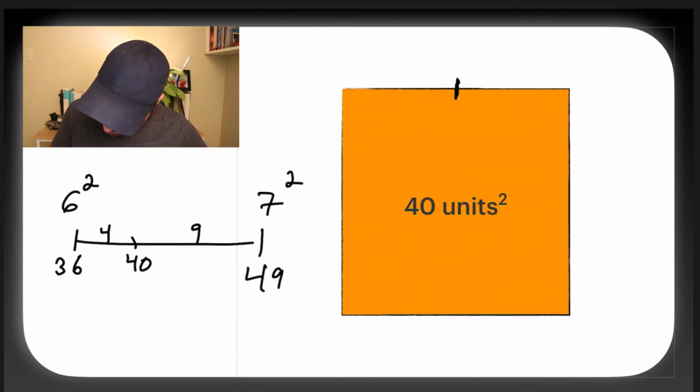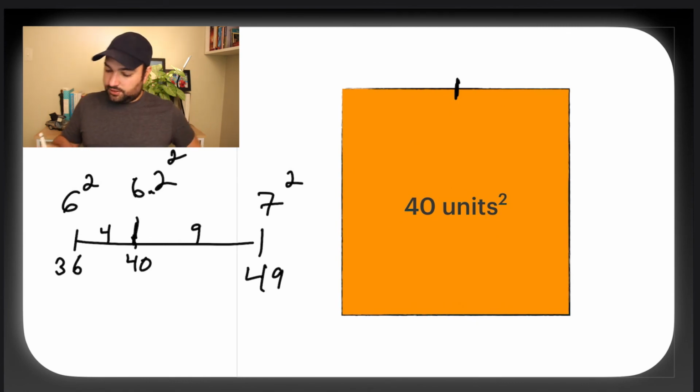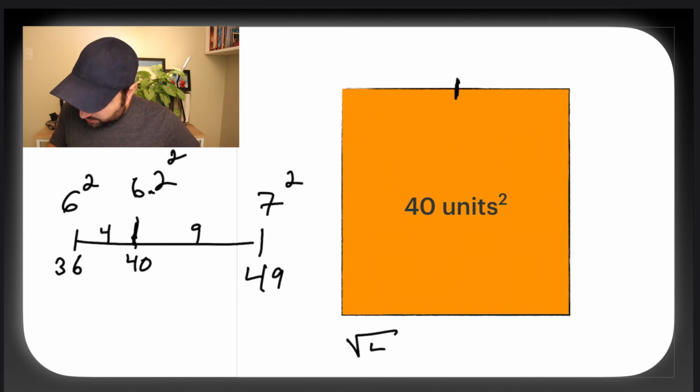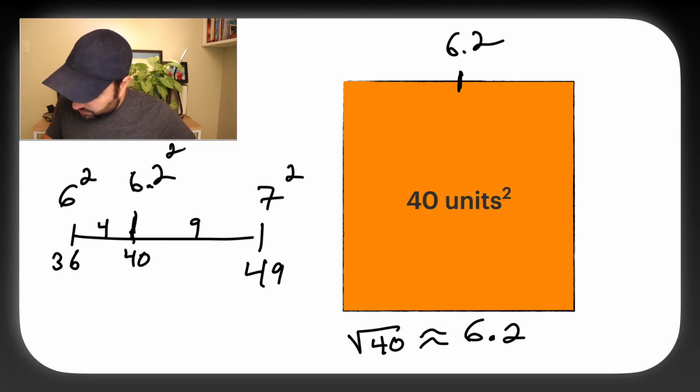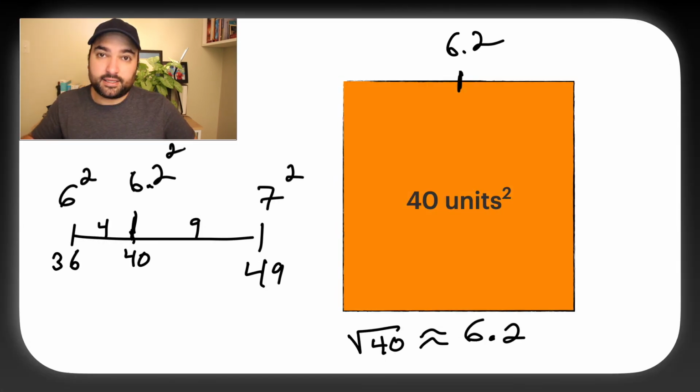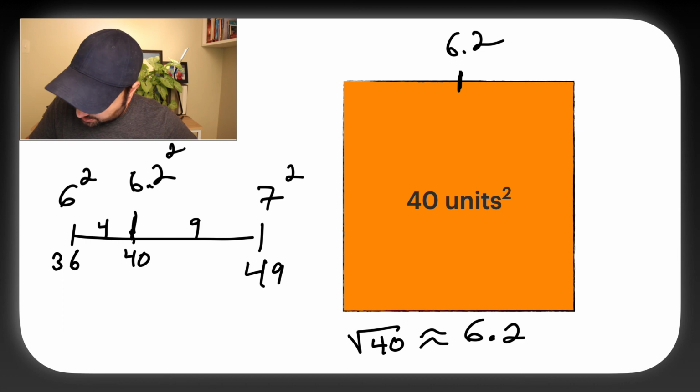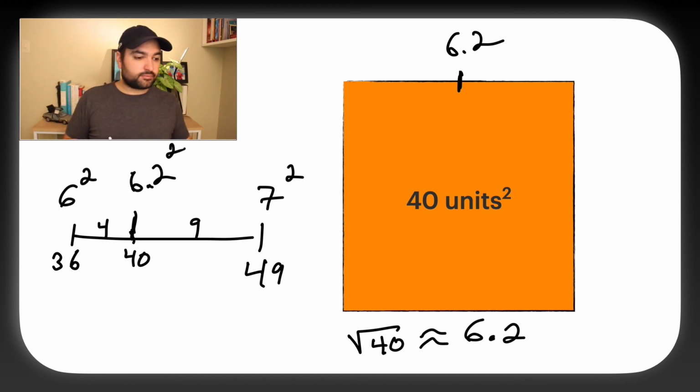So I'm going to go with about, I'd say that this point is probably somewhere around 6.2 squared. So I'm going to say that the square root of 40 is roughly equal to 6.2. And so we can say that the side length of this square that has an area of 40 units squared is probably somewhere around 6.2.